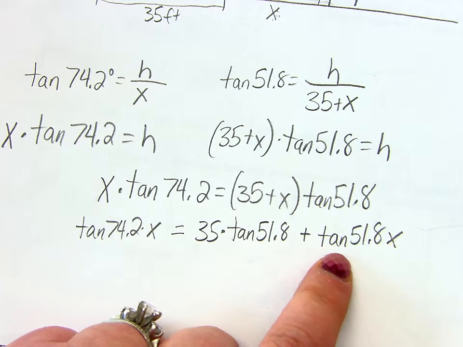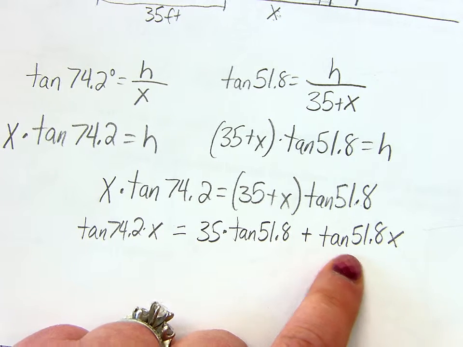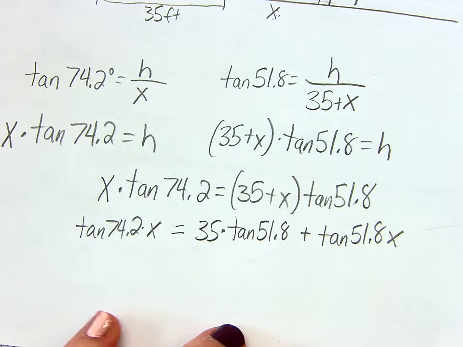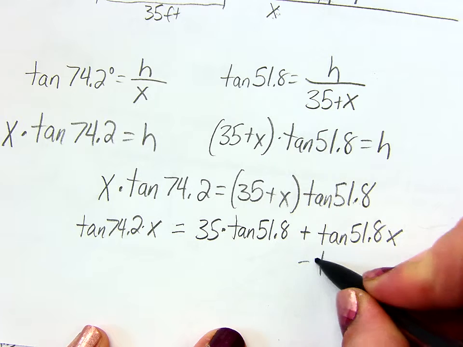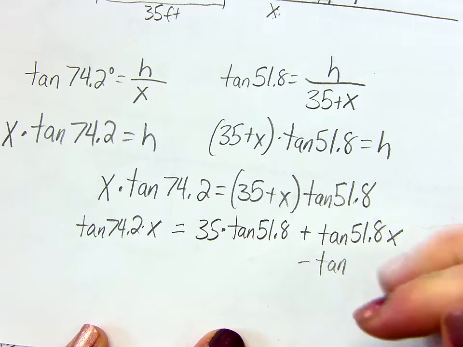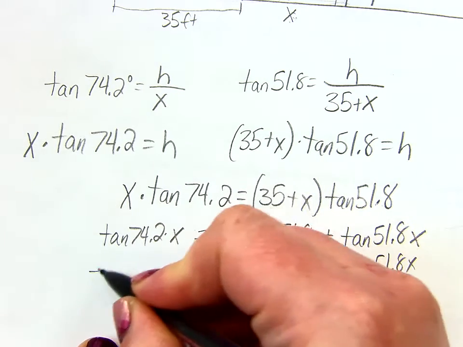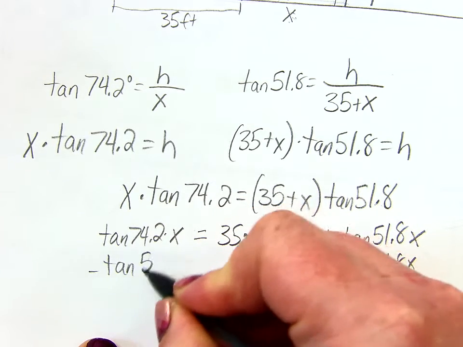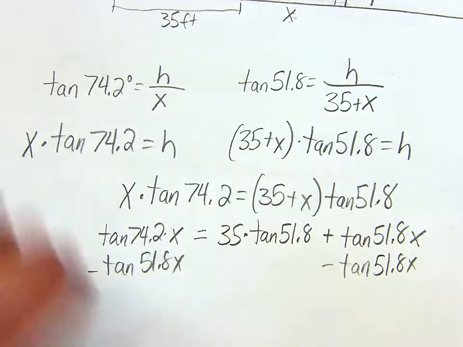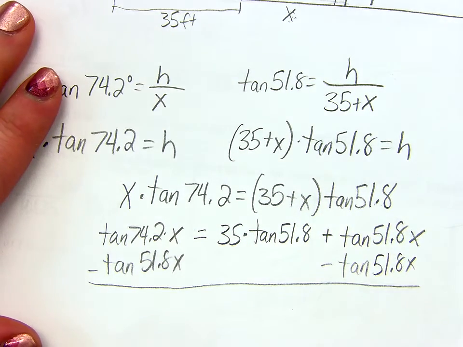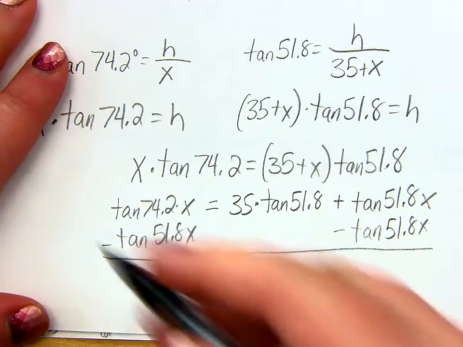No. I would subtract. Yeah, subtract this to the other side. So I'm going to minus tangent 51.8 from both sides. Now at least I have the x's on the same side.